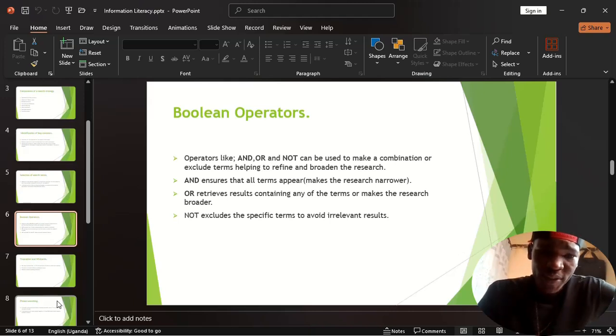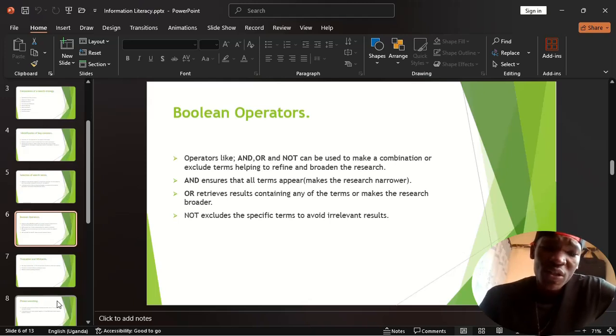We shall go to OR. This retrieves results containing any of the terms, or makes the research broader. So OR makes the research broader, covering many other issues or many other concepts that you're trying to research on. That's what the Boolean operator OR does. We shall go to the next operator, which is NOT.